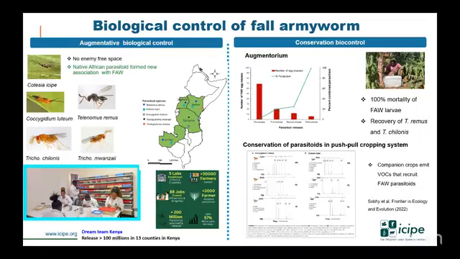Borrowing from what we did on fruit fly, where we did augmentation, we tested something called an augmentorium. An augmentorium is like a tent. In this case, we used a small cage made of netting in such a way that the hatched larvae will not be able to exit from that netting cage, while the parasitoid will be able to exit.